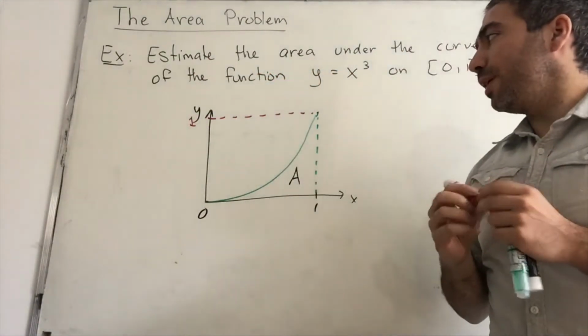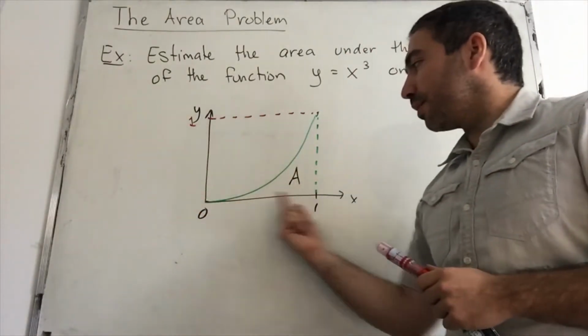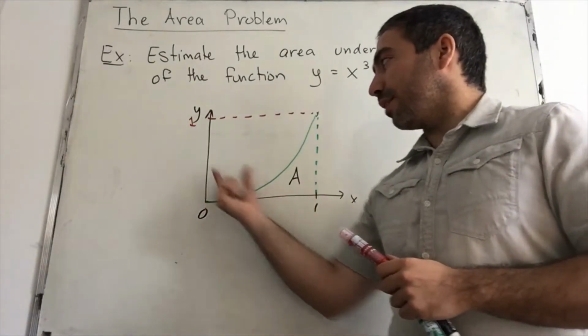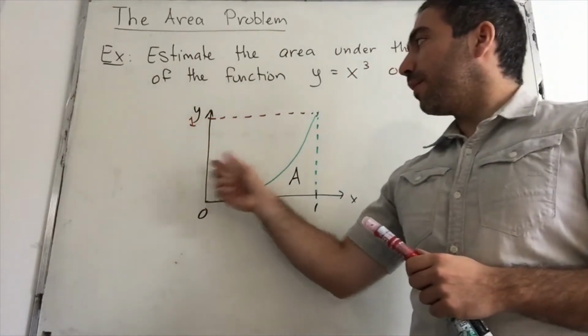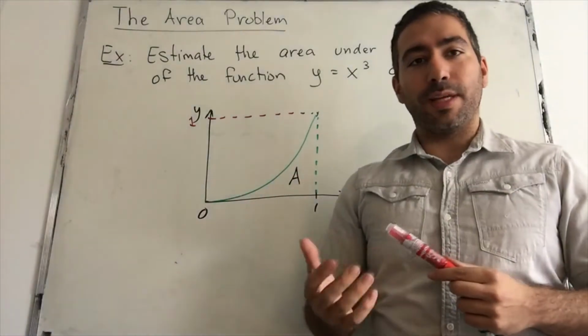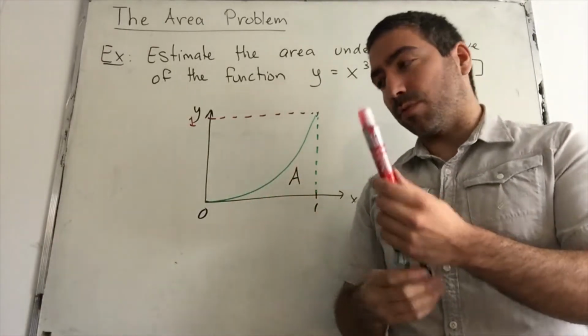We definitely know that this square, created by this dotted line and this dotted line, of side length 1, and this is also 1, we know that the area A underneath the curve has to be smaller than 1. So bigger than 0, smaller than 1.